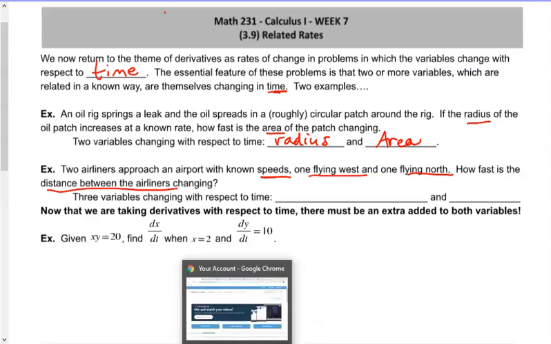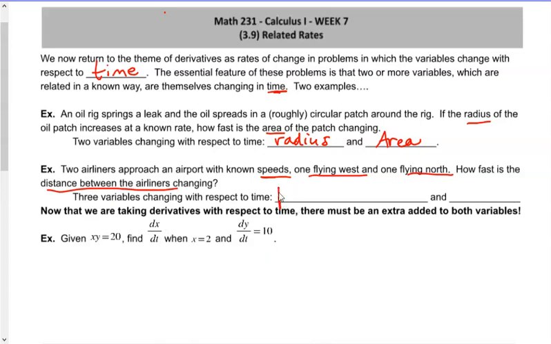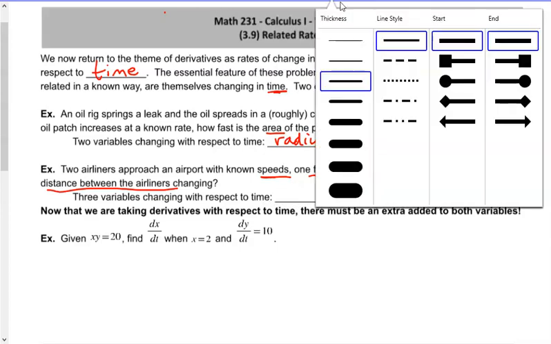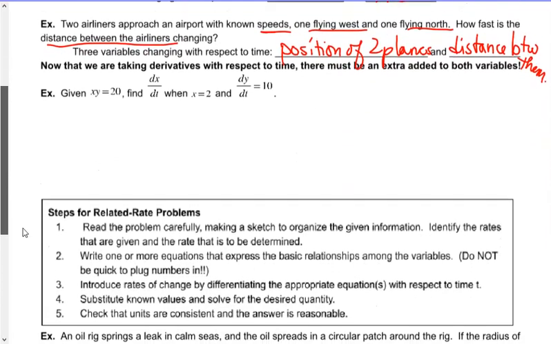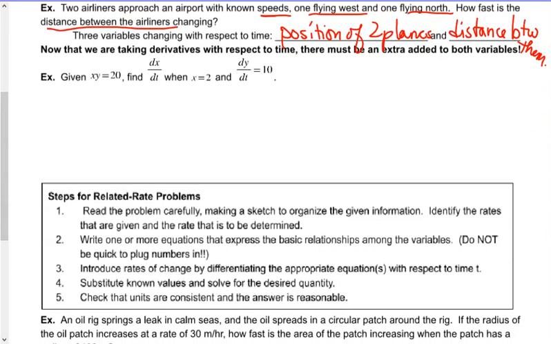So there are three variables this time changing with respect to time: the position of the two planes, and then the distance between them is the other to make the three, okay? So making sure that you're able to identify those rates of change is important when we are working with these types of problems. So let's just look at a specific situation without any application.